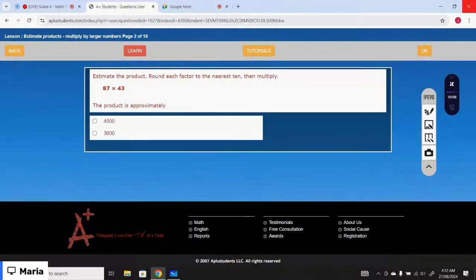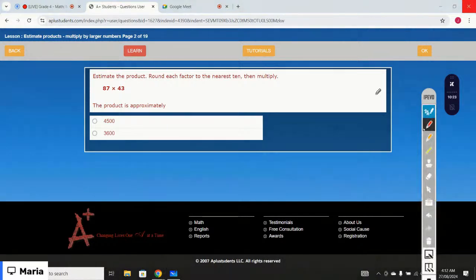Estimate the product 87 times 43, so which is the correct option? 87 is rounded off to 90, and then you have 43. 43 is rounded off to 40.